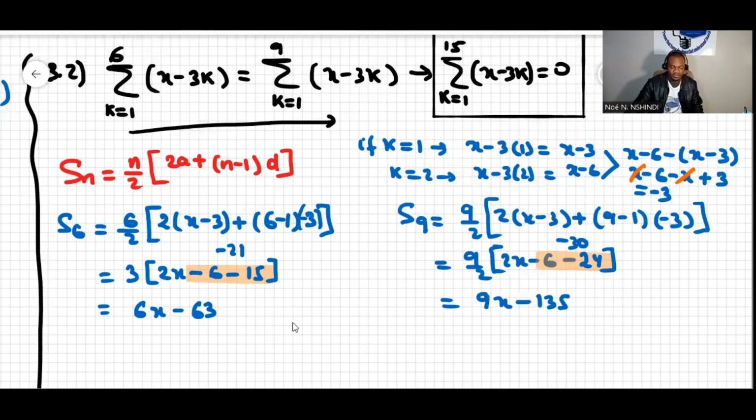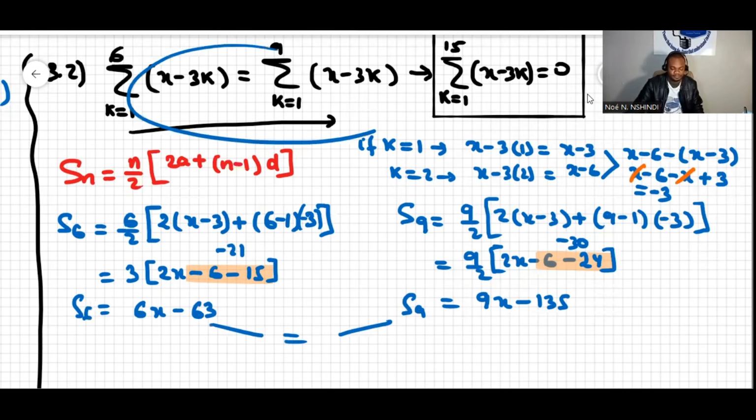So now, it is said that the two sums are equal, because this is S6 and that's S9. The two are equal to each other according to the question. So we're going to do 6x minus 63 equal to 9x minus 135.